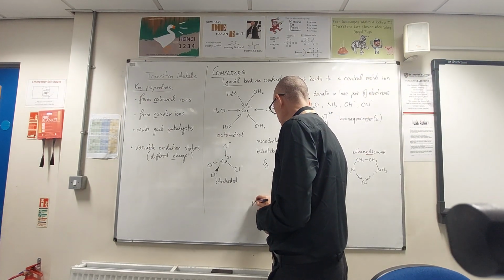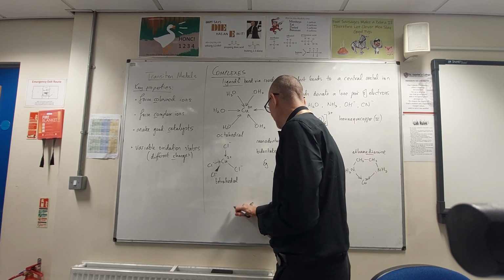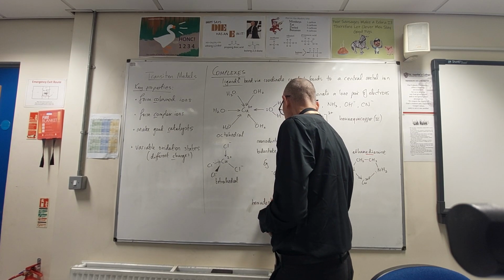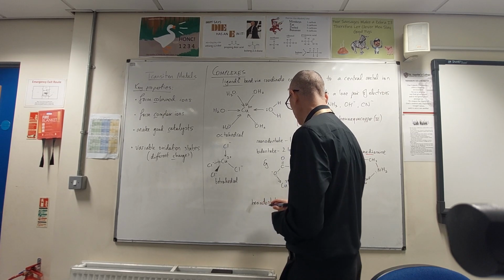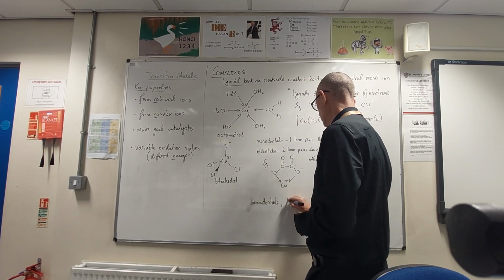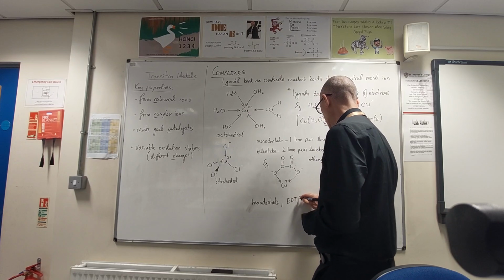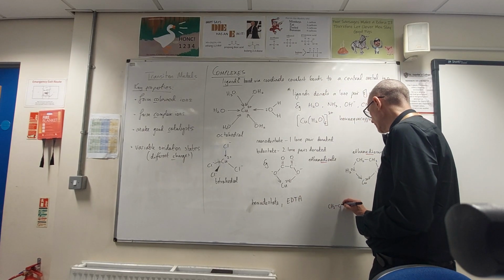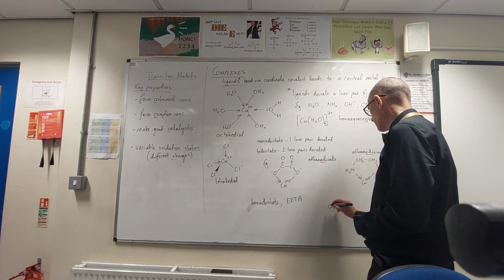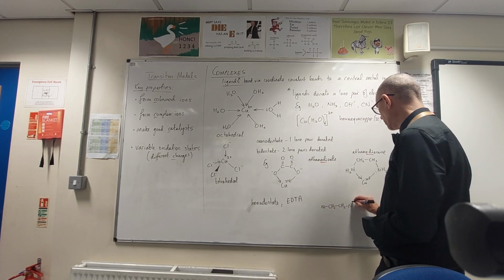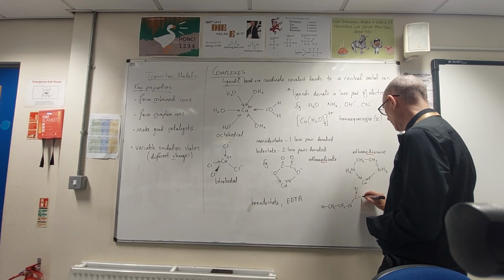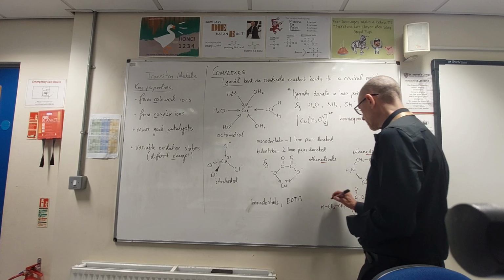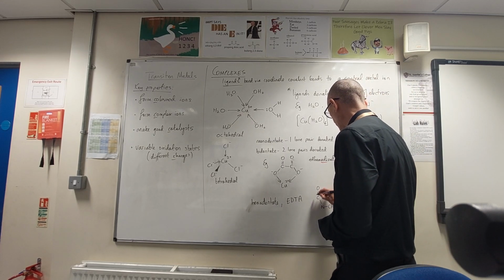And then polydentate or hexadentate. 6 points of contact. The example being EDTA. You don't need to know the structure of EDTA, but you should be able to highlight the 6 lone pairs. So where are they?